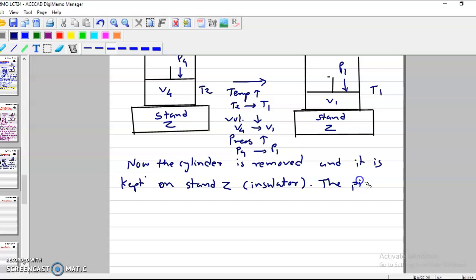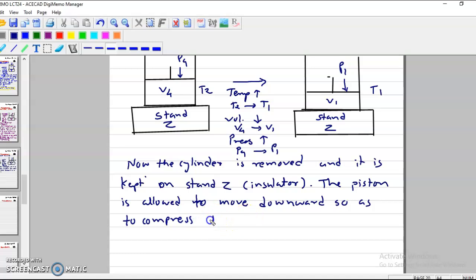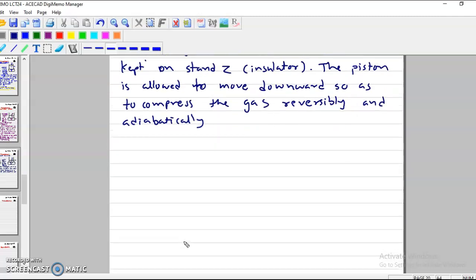The piston is allowed to move still downward so as to compress the gas reversibly and adiabatically till the gas acquires temperature T1 and volume V1, that is the initial state.